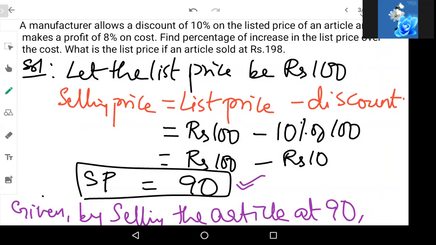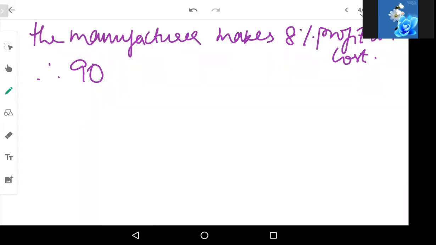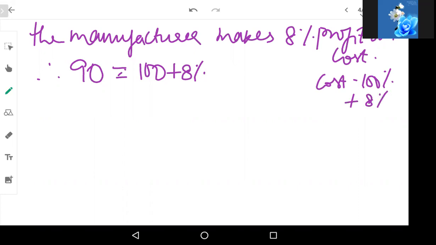Then it is equal to 100% plus 8% profit. If the cost is 100% plus 8% profit, what is the total? 108%. 108% of X.